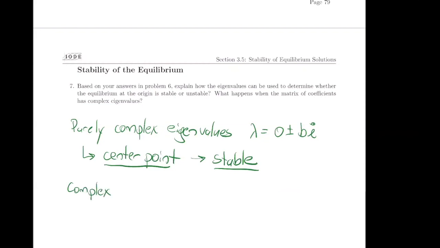And the last case is when we have complex eigenvalues where the real part is not 0.